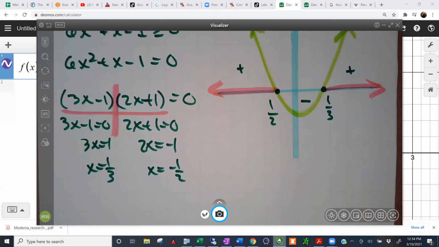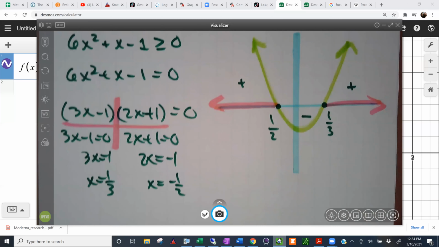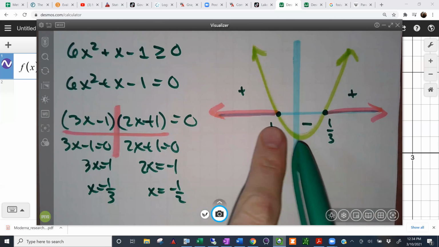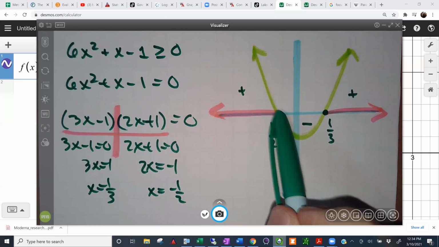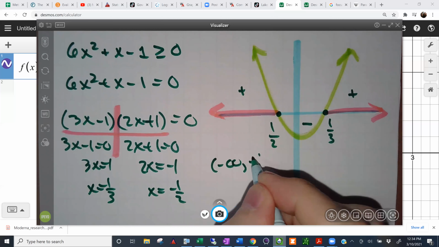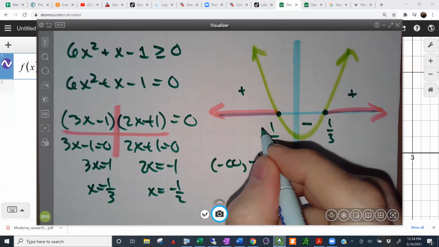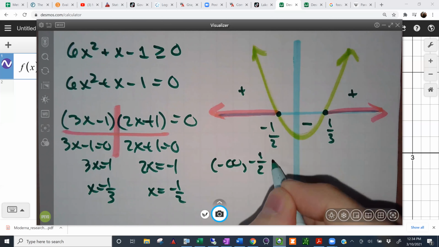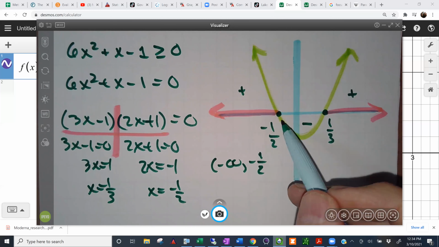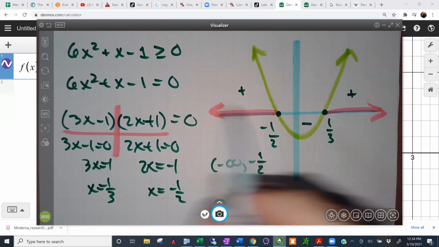Now, you have to write your solutions in interval notation. It's going to be negative infinity to negative 1/2. Can I actually use the endpoint of negative 1/2? Well, if I put in negative 1/2, I'd get a 0 here.